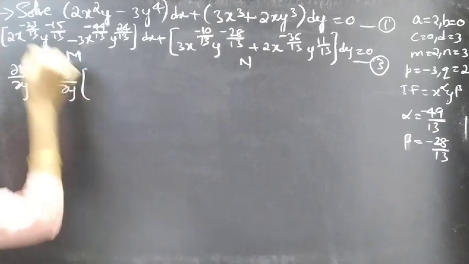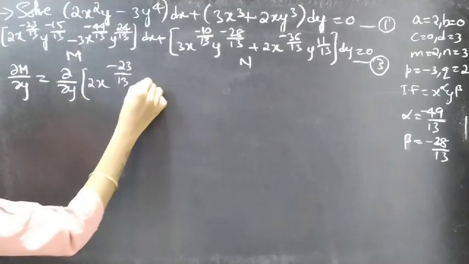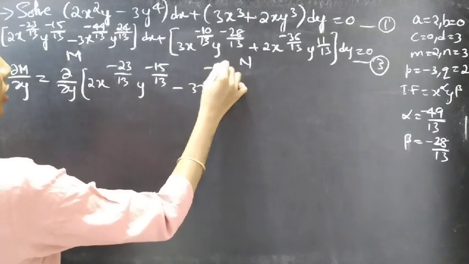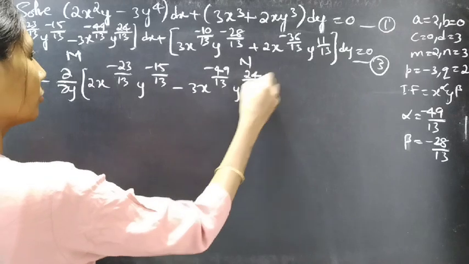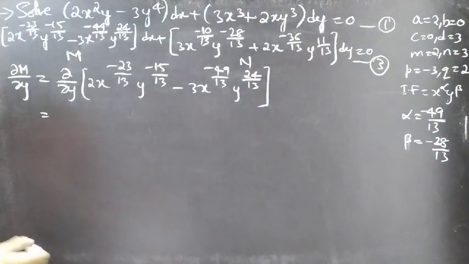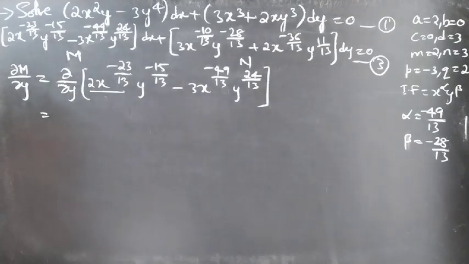For M equal to 2x power minus 23 by 13, y power minus 15 by 13, minus 3x power minus 49 by 13, y power 24 by 13. Since we are finding the partial derivative with respect to y, we will treat x as constant. In the first term 2x power minus 23 by 13 is constant.